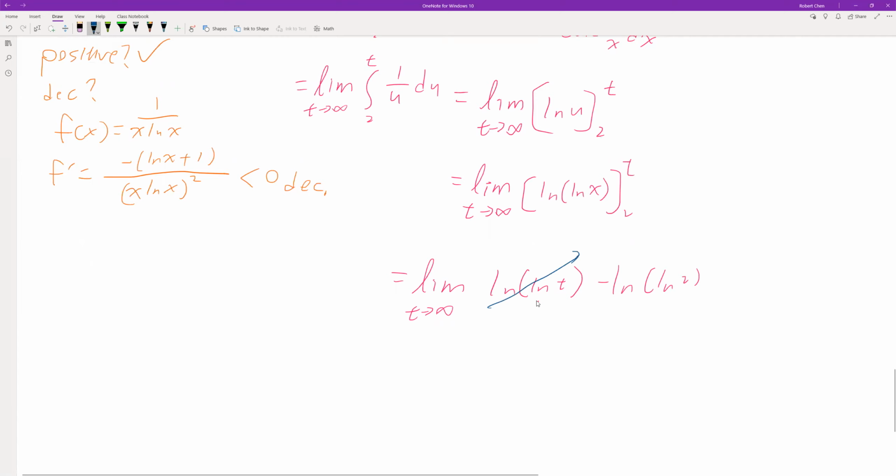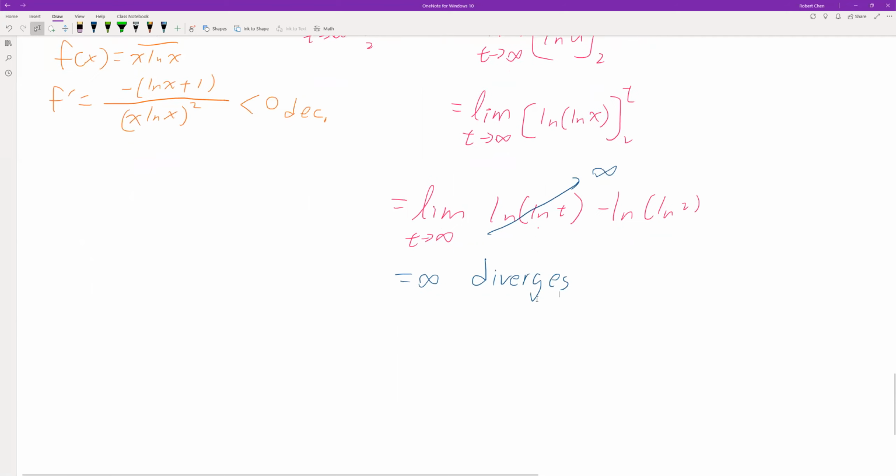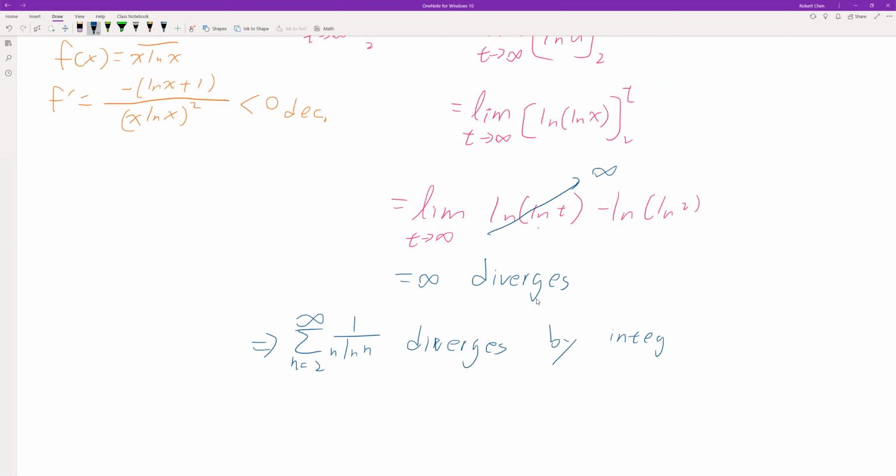So it's infinity. Therefore, the integral diverges. Then we can say that the infinite series from 2 to positive infinity of 1 over n ln of n diverges by integral test.